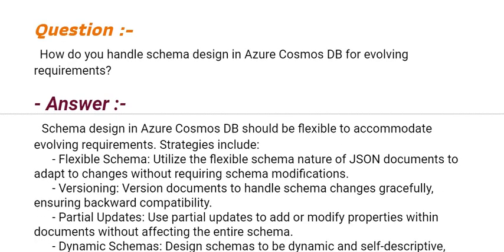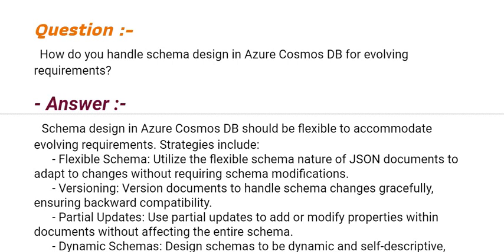Our next question is, how do you handle schema design in Azure Cosmos DB for evolving requirements? Your answer should be, schema design in Azure Cosmos DB should be flexible to accommodate evolving requirements. Strategies include, the first one is flexible schema.